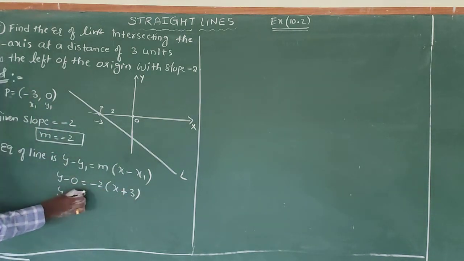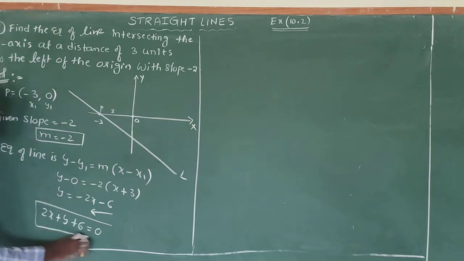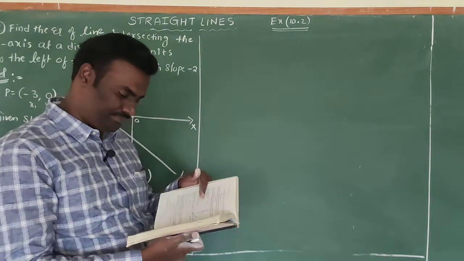Then y is equal to -2 into x, that is -2x, and -2 into 3, that is -6. Send these two values to the left side. The -2x comes to this side, plus 2x plus y. The -6 comes to this side, plus 6 is equal to 0. This is the required equation of straight line.